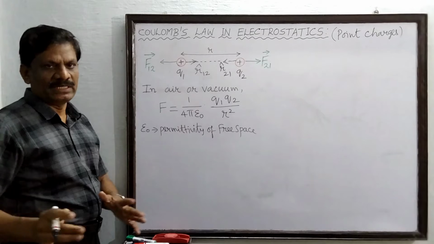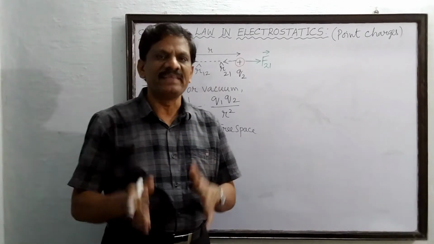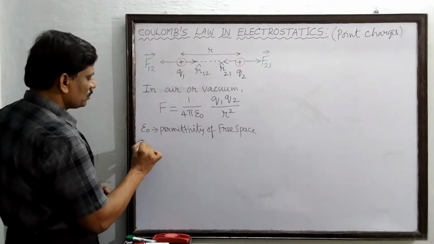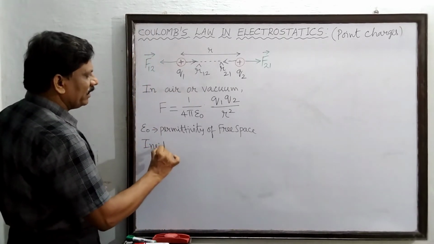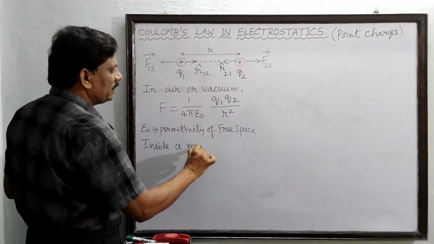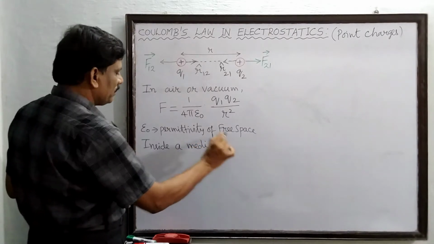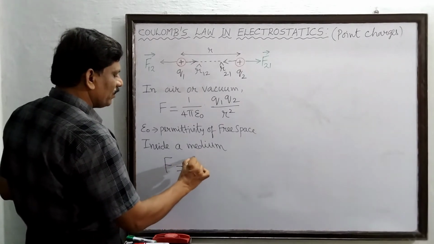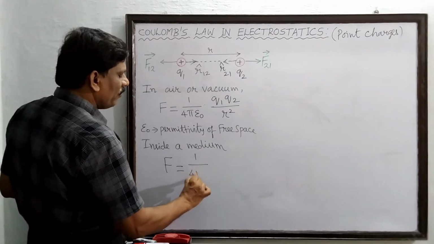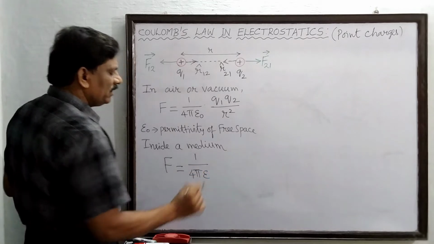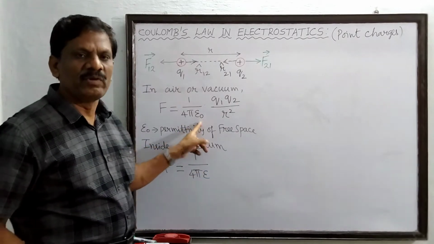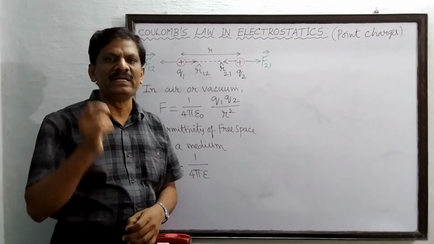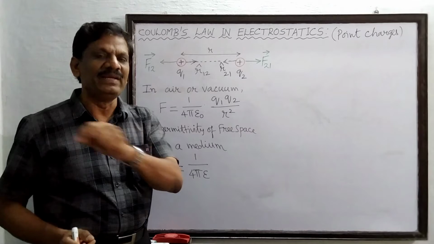Now the same two charges, I am going to place them inside water or any other medium at the same distance of separation. So inside a medium such as water, I am going to take the symbol F is equal to 1 by 4 pi into epsilon. In place of epsilon naught, I am going to use the symbol epsilon, where epsilon is called the permittivity of the medium.